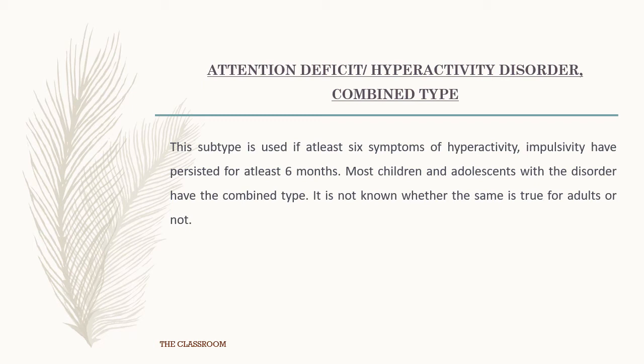To have the combined type, where they are hyperactive and impulsive, they are supposed to have at least 6 symptoms of hyperactivity and impulsivity, and it has to be persistent for at least 6 months. The symptoms have to be present for 6 months, and there have to be at least 6 symptoms from the list of symptoms we talked about earlier.